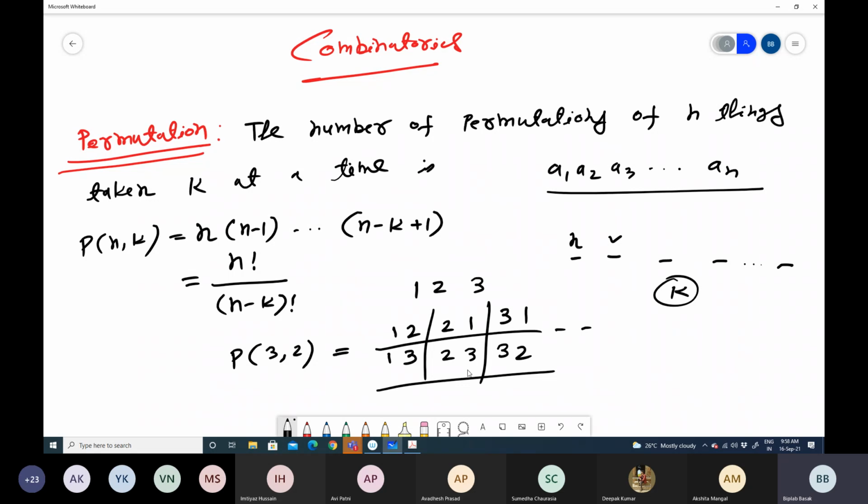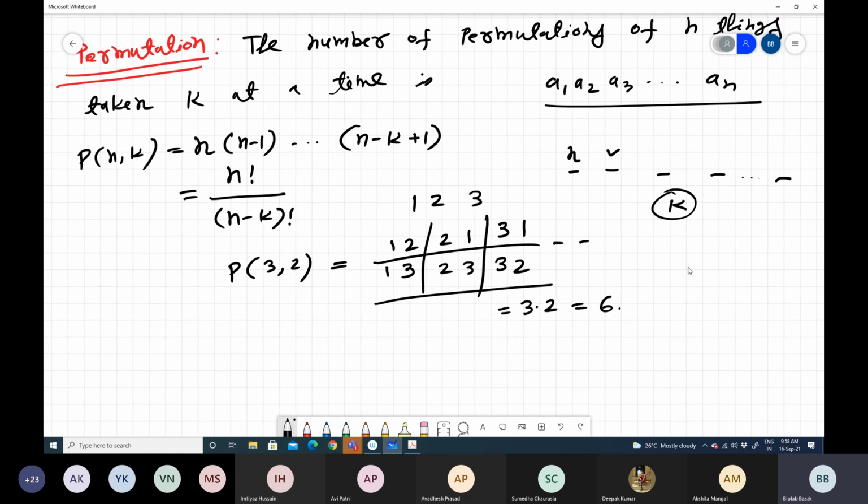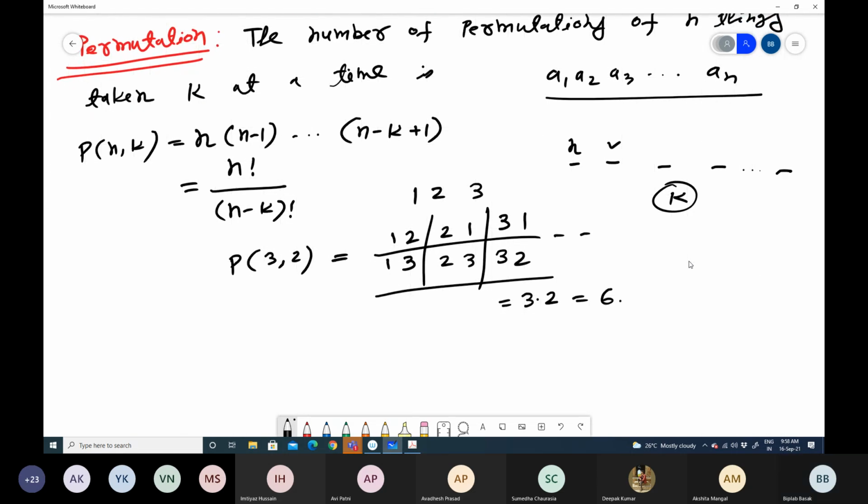So we have these six choices, right? That means it is 3 into 2. You can see by the formula, it is 6. Now this is called permutation. You already know this from your 12th standard, maybe earlier than that as well. There are uses for permutations because we will see some problems as well.